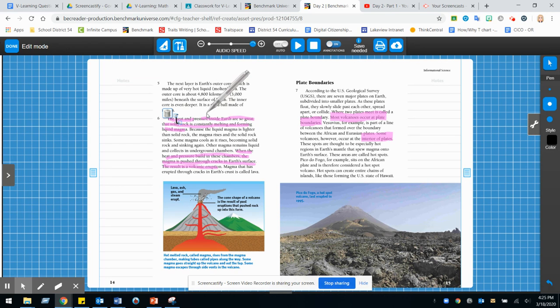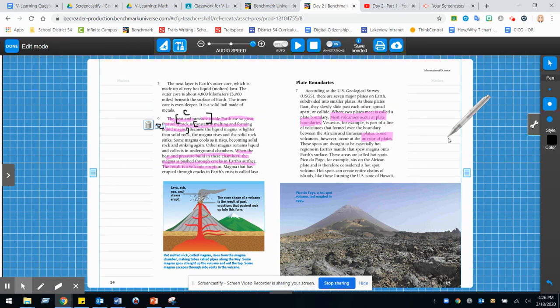This is our cause. The effect is that solid rock is constantly melting and forming liquid magma. There is our effect. Well, you can get the picture there. So our cause is heat and pressure. The effect of that is liquid magma. So there's just an example right there.